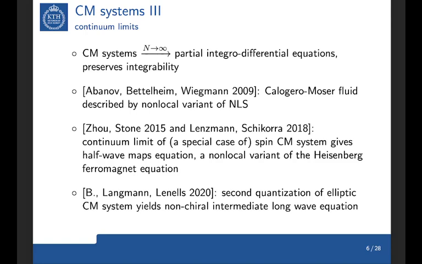So non-chiral here essentially means parity invariant, while the intermediate long-wave equation itself is not parity invariant. This non-chiral intermediate long-wave equation is actually a variant rather than a generalization of the intermediate long-wave equation, and this will make an appearance a bit later in the talk.